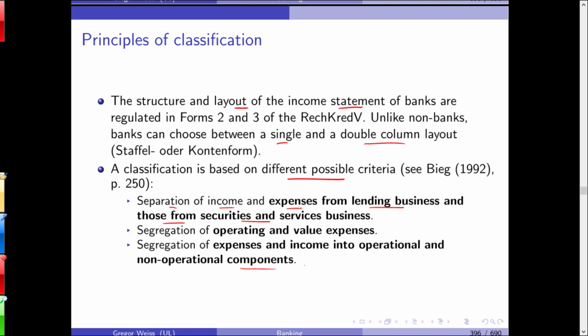Why? Traditional lending and deposit taking will cause interest income and interest expenses. They will earn interest on the loans granted, and they will have to pay interest on the deposits depositors have given the bank. That's the traditional commercial banking part of the bank's business, and that's the first part of the income statement: interest income and interest expenses.